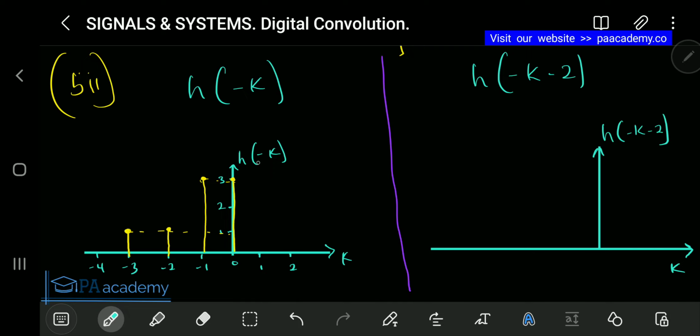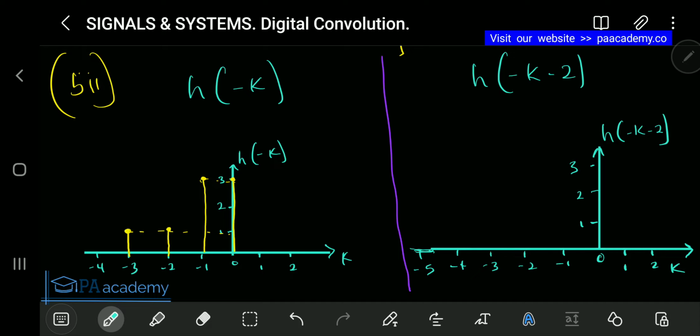Instead of h of minus k, and then this is going to be 0. So let's have this as just 1 and then 2. So here minus 1, minus 2, minus 3, minus 4, and then we are going to need it till minus 5, and I'm going to explain why. The amplitude will remain the same, so this will be 1, 2, and then 3.